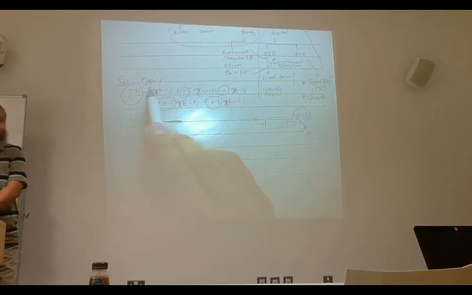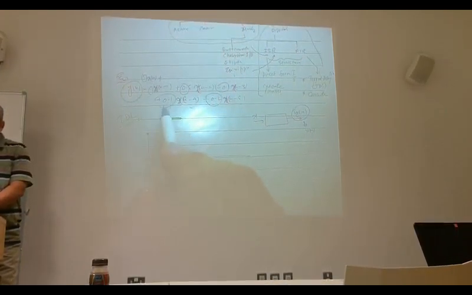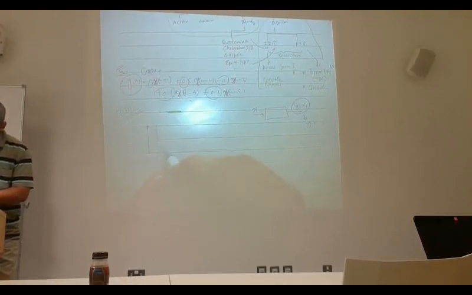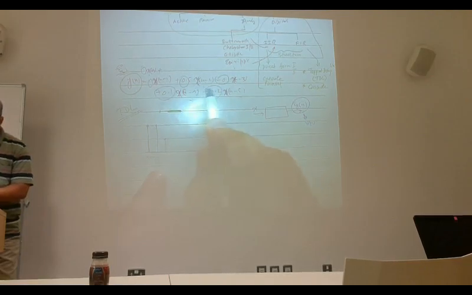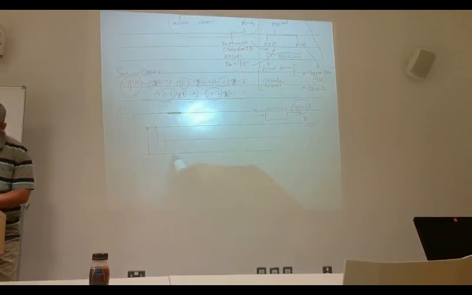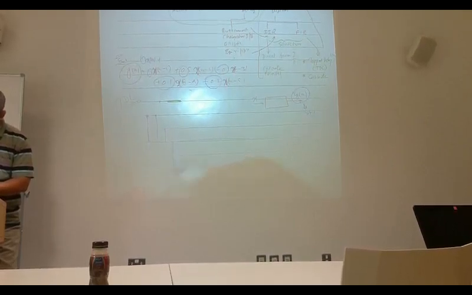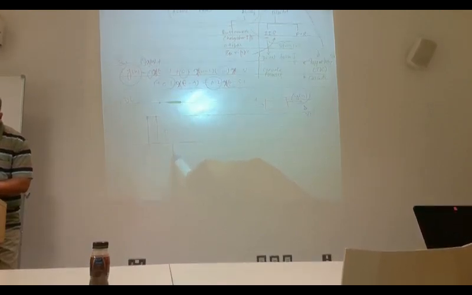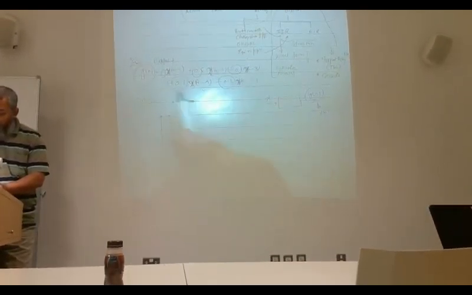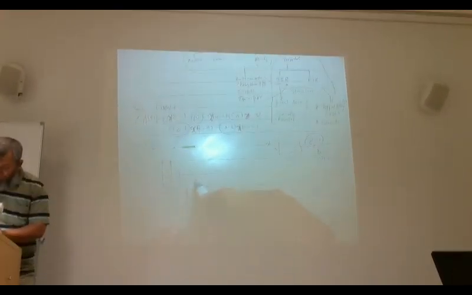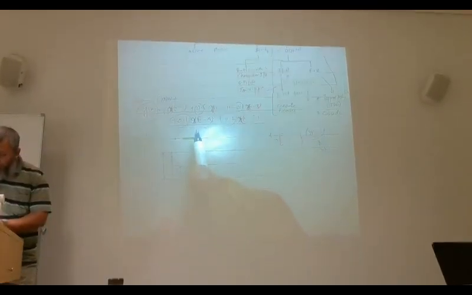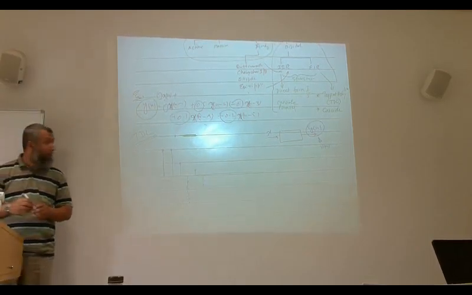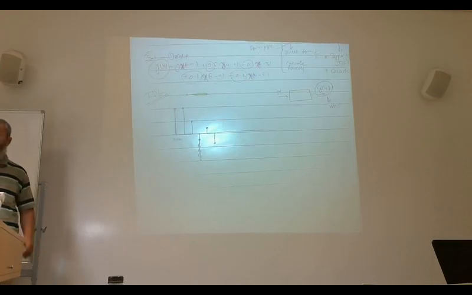This first term, x of n, has a coefficient of 1. x of n minus 1 also has a coefficient of 1. x of n minus 2 has a coefficient of half. x of n minus 3 has a coefficient of minus 0.1, sorry, minus 0.1, and then plus 0.1 over here. And then minus 0.2, so double of that will be here, approximately. So this structure now represents my filter.